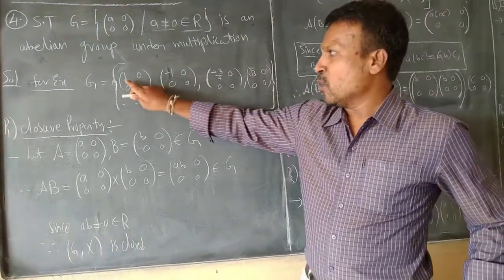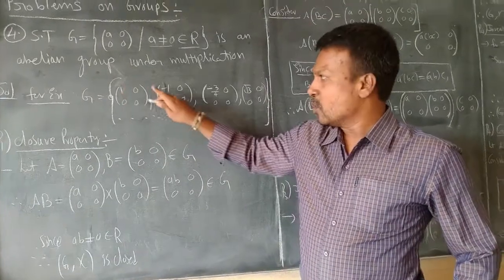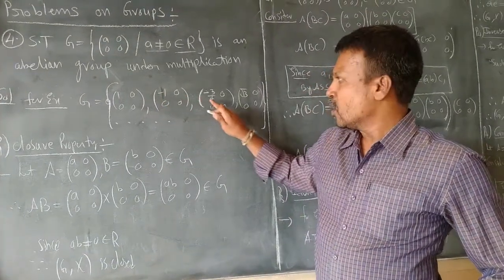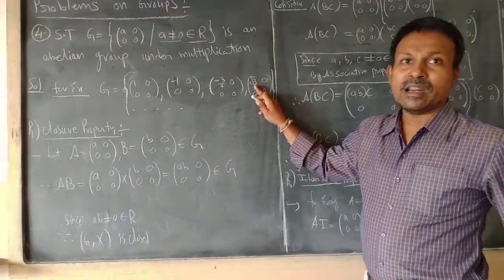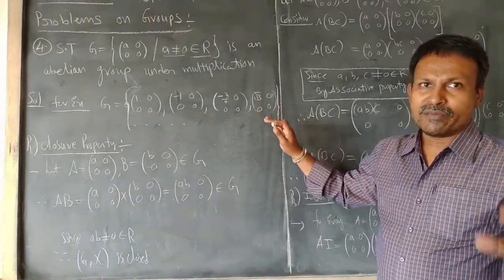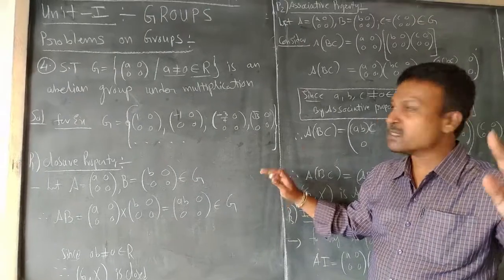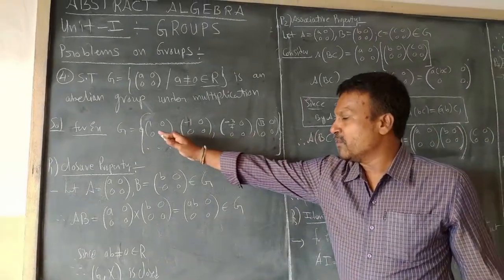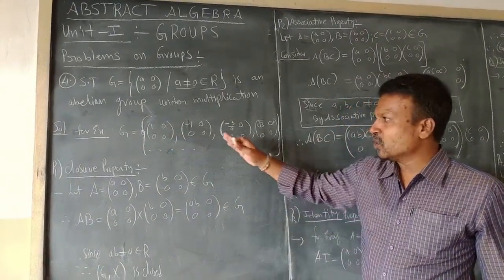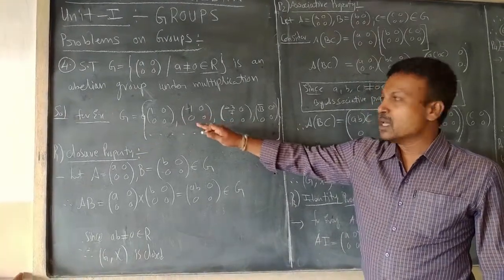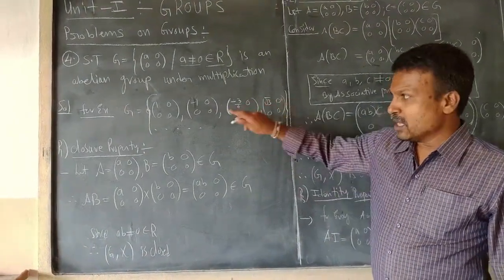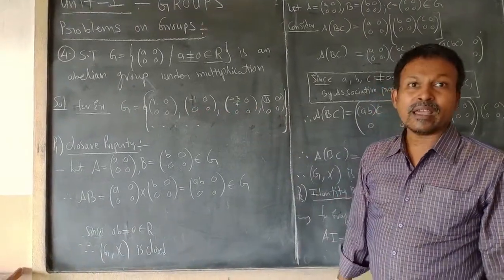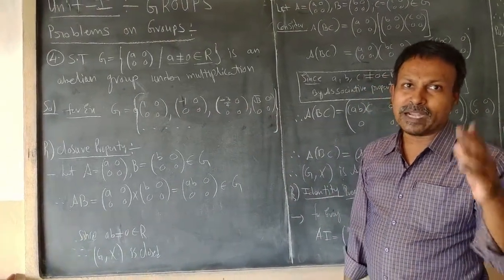So one is a positive real number, one is a negative real number, one is a rational number, the other is an irrational value. So for four kinds of real numbers, I have defined the matrices. In this set G, we will find an infinite number of such matrices. So we have to prove that this set G is an abelian group under multiplication.